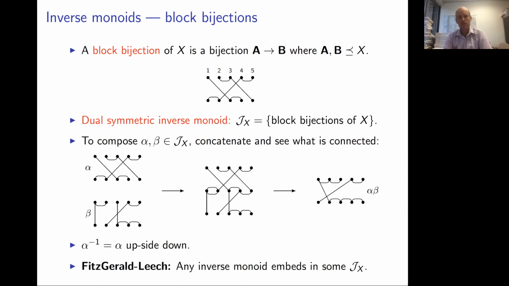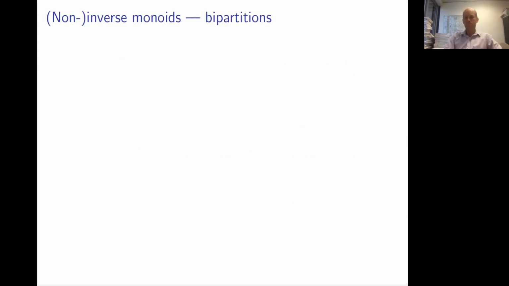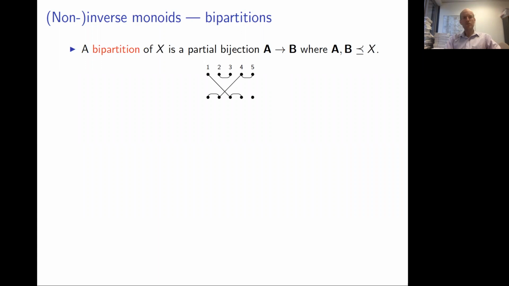And the next slide talks about partition monoids, and this is not the standard way to think of the partition monoid, but you can think of elements of the partition monoid as partial block bijections. So we have two quotients of X, and we take a bijection from a subset of one of those quotients to a subset of another.